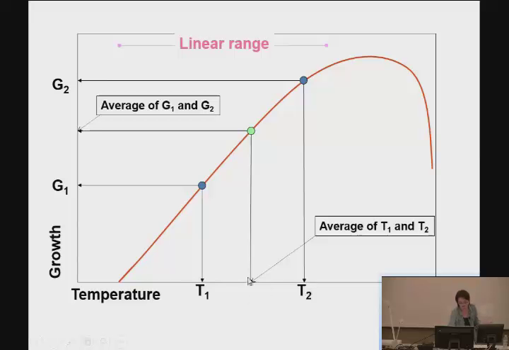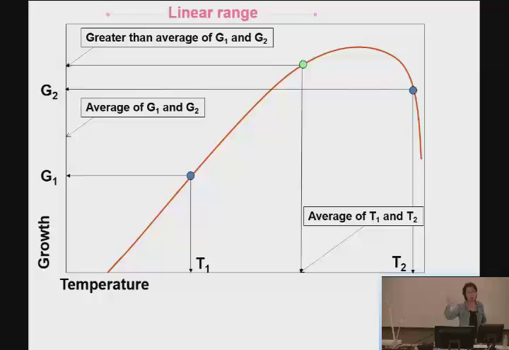T1 and T2 divided by 2, the middle point, that's the average. And then if you look at the growth rate or development rate, the average is actually the corresponding rate at the average temperature, because it's a linear response. Makes sense, right?